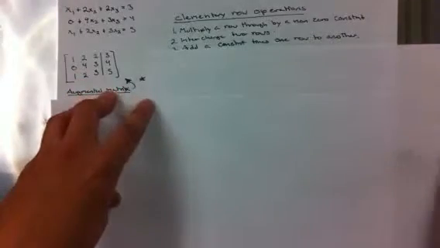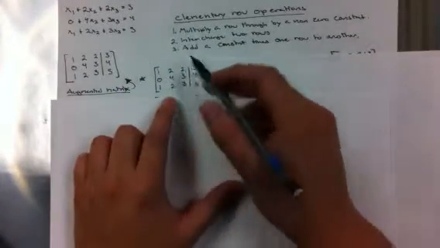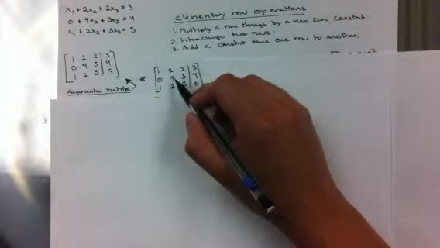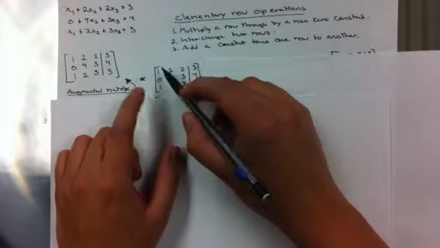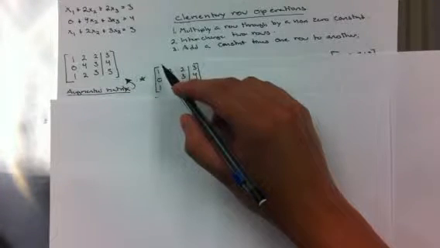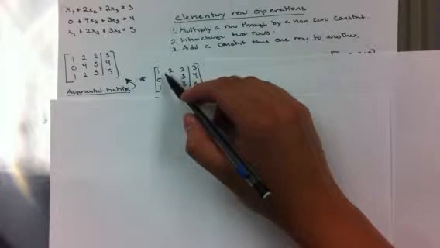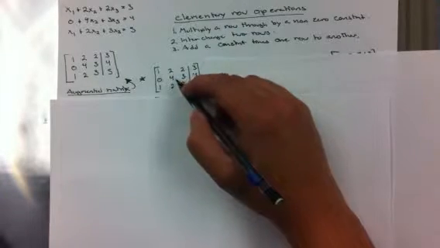Now, if we look at the augmented matrix again, we first want the main diagonal to be all ones.